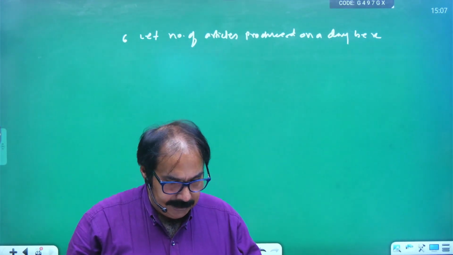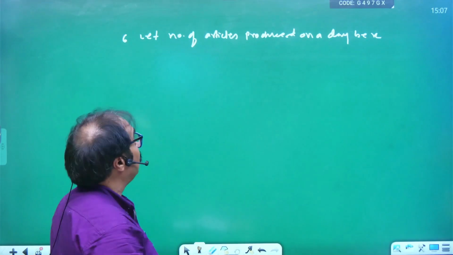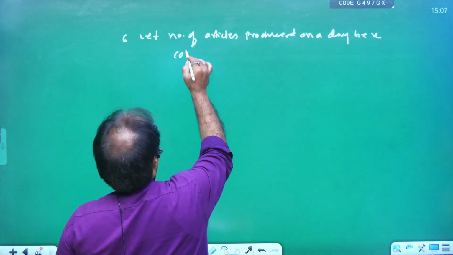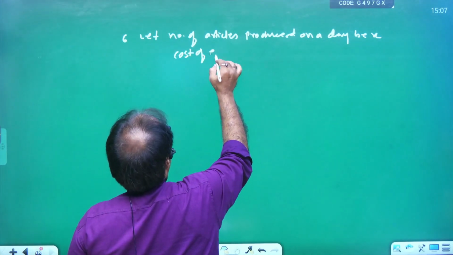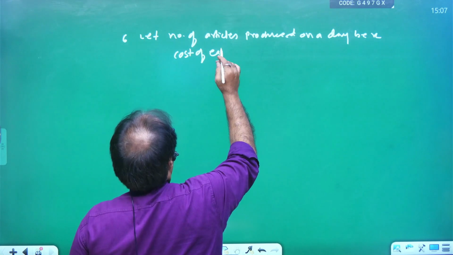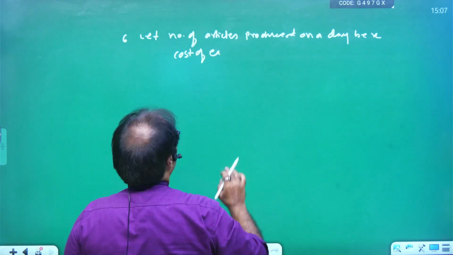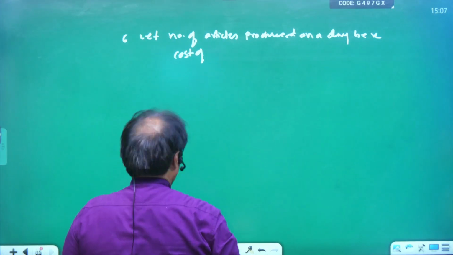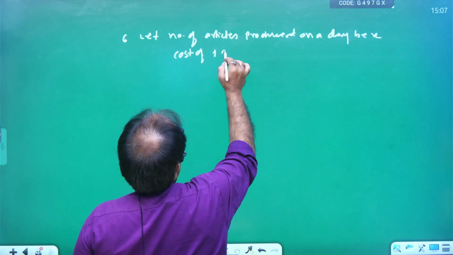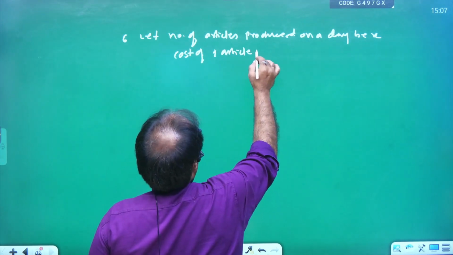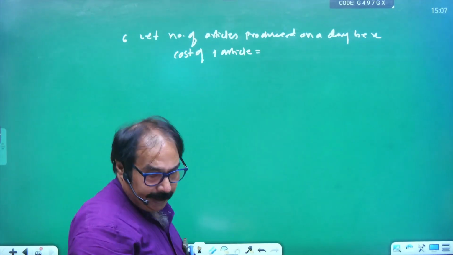So the question says the cost of each article. Cost of each article means one article. So cost of one article is equals to, what is the condition?